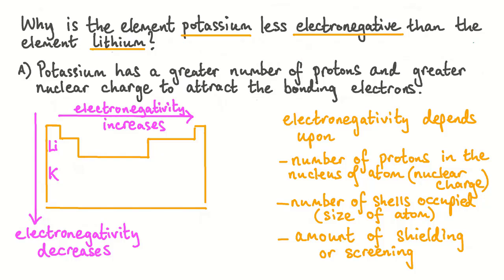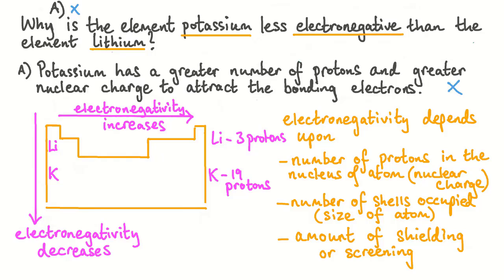Statement A suggests that potassium has a greater number of protons and hence nuclear charge than lithium. This part of the statement is true. Lithium has 3 protons in its nucleus, potassium has 19. This statement could be a good argument to explain why potassium is more electronegative than lithium. This argument would be tempting because electronegativity does depend on the size of the nuclear charge.